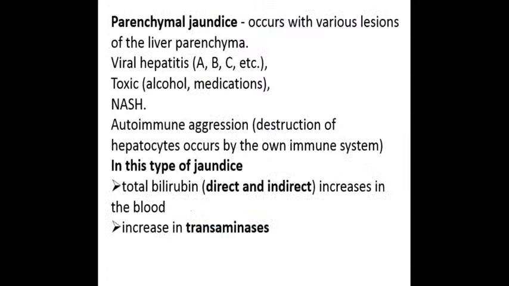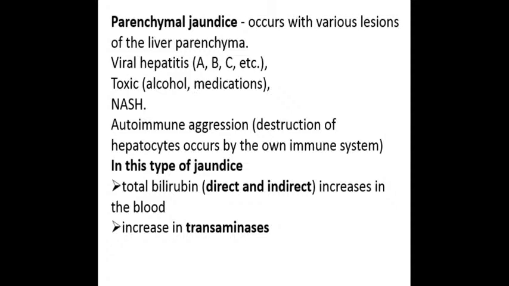And the third variant is parenchymal jaundice, which occurs with various lesions of the liver parenchyma. It is viral hepatitis A, B, C, and others, toxic alcohol and medications, non-alcoholic steatohepatitis, autoimmune aggression, where destruction of the hepatocytes occurs by the body's own immune system.